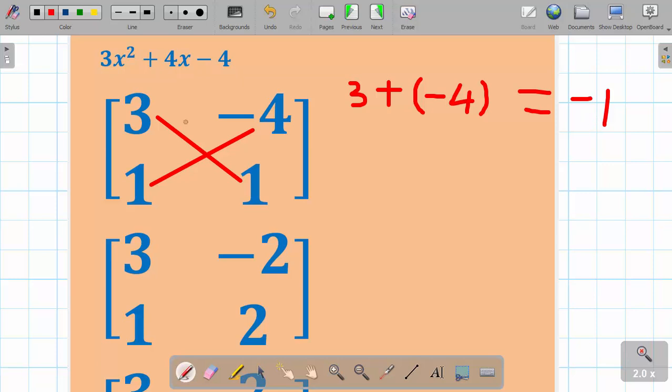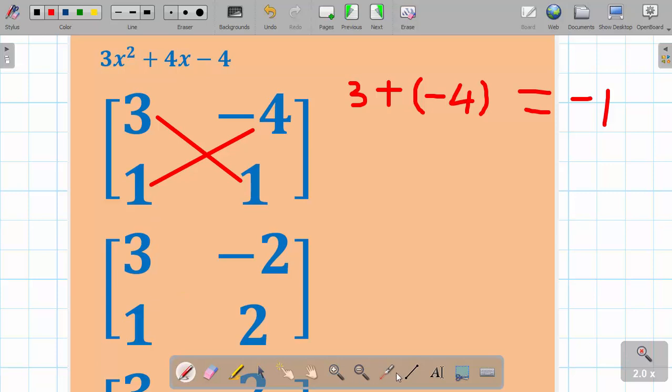So I make changes. Because 3 is a prime number, I can't change it, but I can change the 4. 4 is the same as 2 times 2. So if I say negative 2 times 2, it gives me negative 4, and 3 times 1 is also 3.